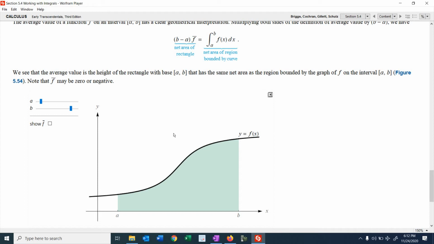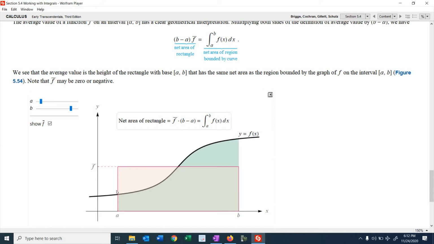And wherever that is going to be known as the average value of the function on the interval from a to b. So if you flatten this function out and keep the same amount of area that's in here, this little green area, then it would flatten out right here. And that's the average value of f on this closed interval from a to b.